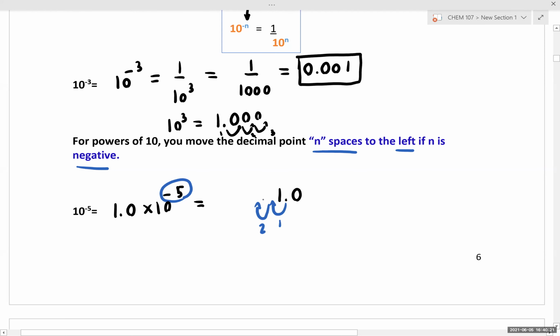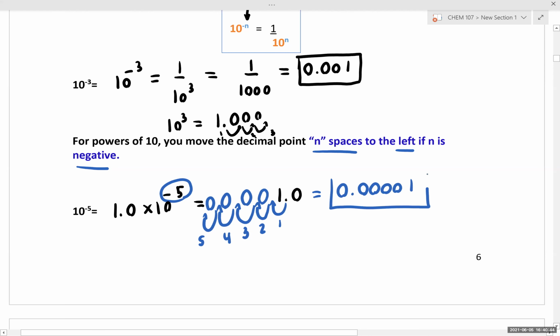So 1, 2, make sure to put a placeholder 0. 3, another placeholder 0. 4, another placeholder 0. And 5, another placeholder 0. That in turn gives us 0.00001 as our fully written out number.